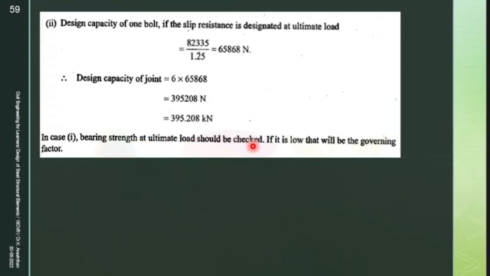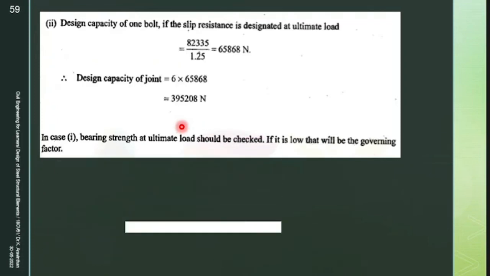If it is low, then it will be the governing factor. So which is the lowest? This is 3 lakh, and what is the previous case? This was 4,49,000. Now you have found the strength at ultimate bearing capacity and the yield, that is the working load bearing capacity.